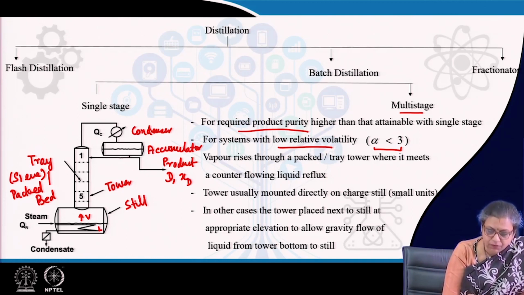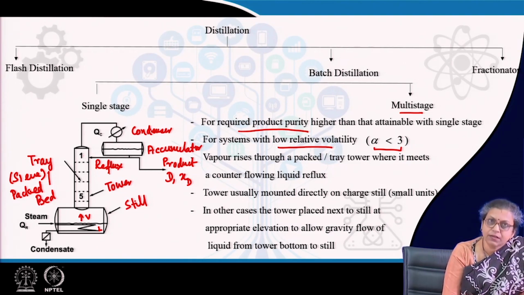Some portion of this product we recirculate back into the column. This particular portion is known as the reflux. What is this reflux? It is richer in the more volatile component. So, definitely when the vapor is flowing up and comes in contact with the reflux, what happens?